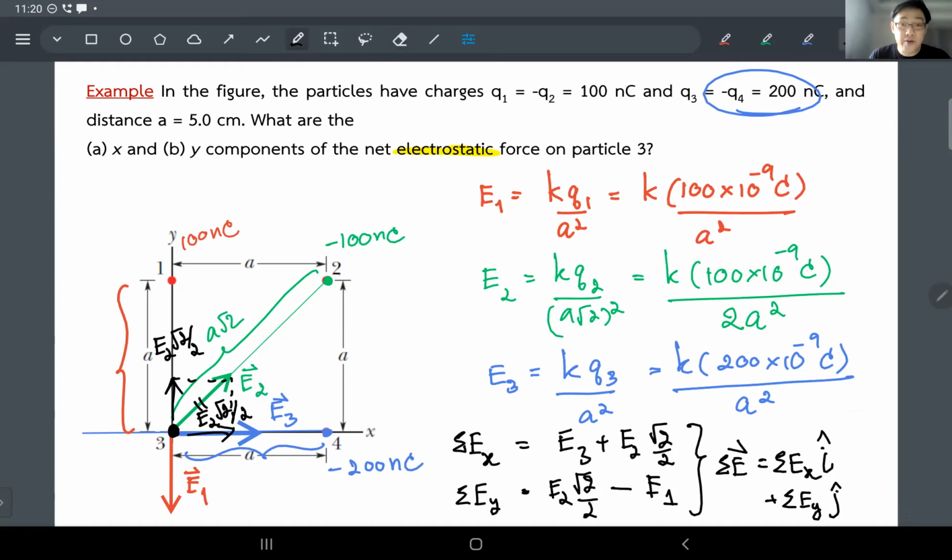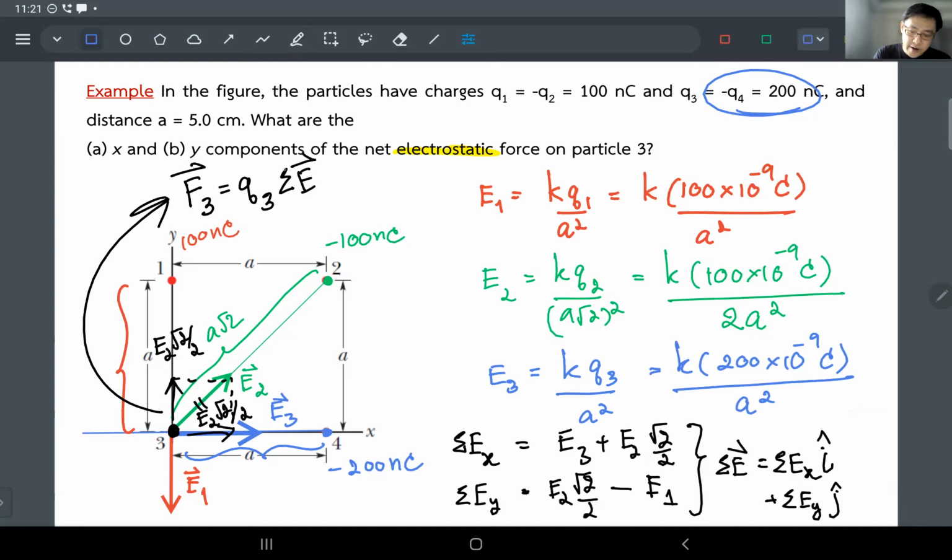Okay, so what is the force on it? Oh, let me put like a big arrow over here. The force on the charge number 3 is just going to be Q3 itself, the charge at that location, and then multiply by the sigma E vector that you have already figured out. There you go. And you are done.